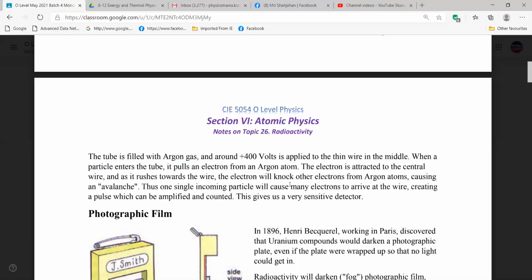So when we are having alpha, beta, and gamma, especially alpha, they have very strong ionizing capacity.